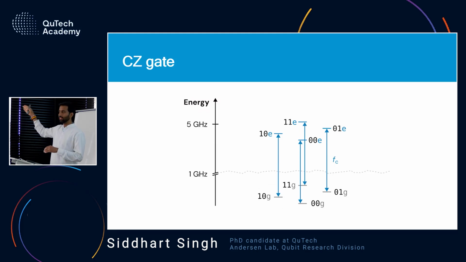Ideally, the frequencies would be same, but since the fluxoniums also have the higher levels, the repulsions between those levels lead to slight differences between the 4 frequencies. And another thing is these levels are close to 5 gigahertz. So the fluxonium levels are well isolated here compared to the coupler levels.